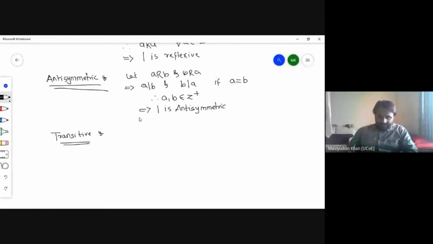So again we have to define: let A related to B and B related to C. If A related to B, it is given A divides by B. If B related to C, then B divides by C, right? So if A divides by B and B divides by C, what does this mean? Simply we can say that A divides by C.